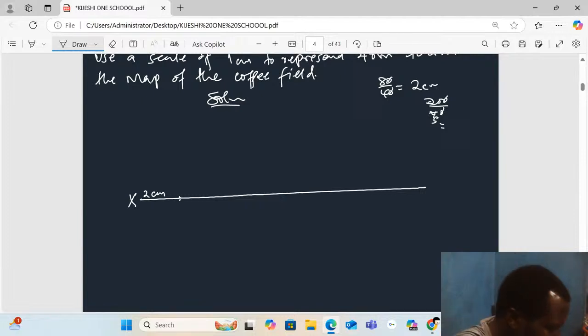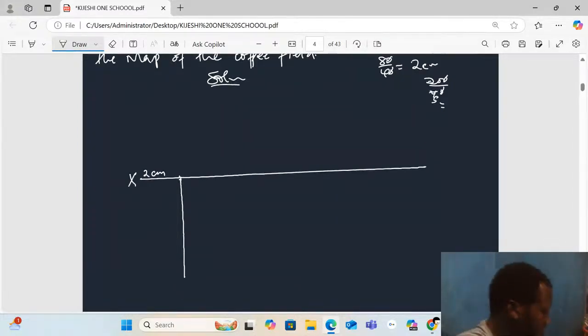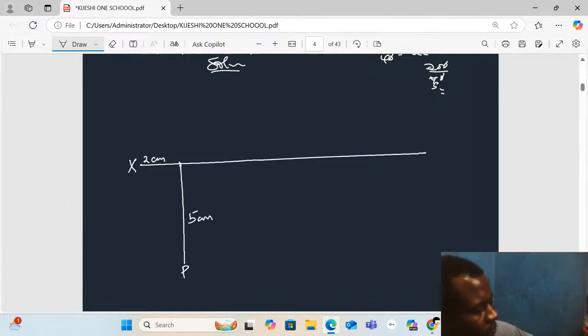So we move 5 centimeters downwards, and we shall arrive somewhere there. That is now our point P, and it is 5 centimeters. Good. Now we continue.